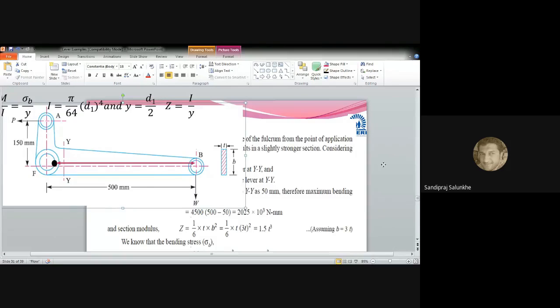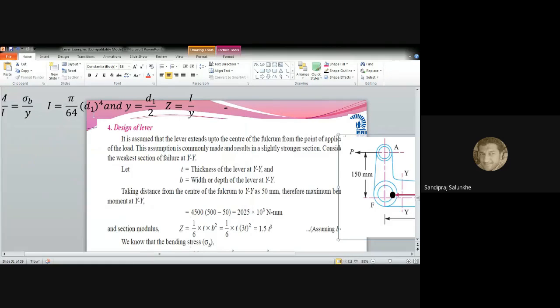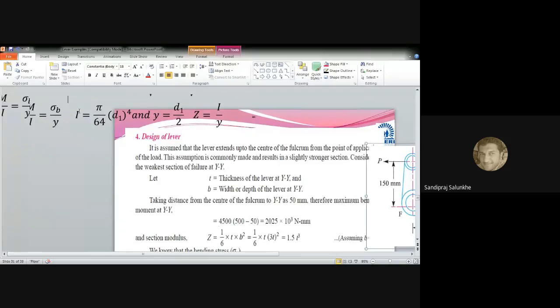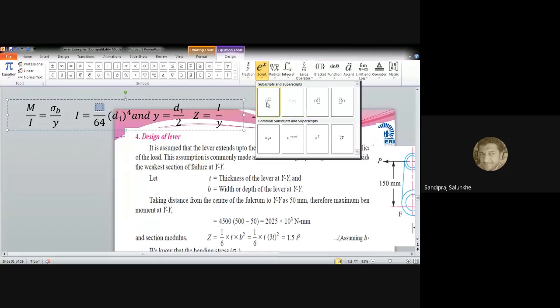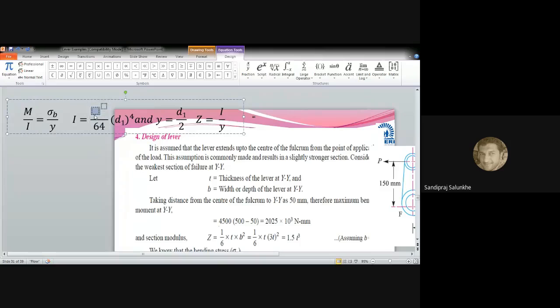So this I will become B T cube by 12 instead of pi by 64 D raised to 4.